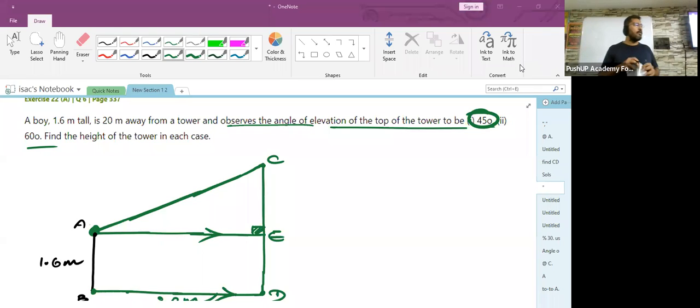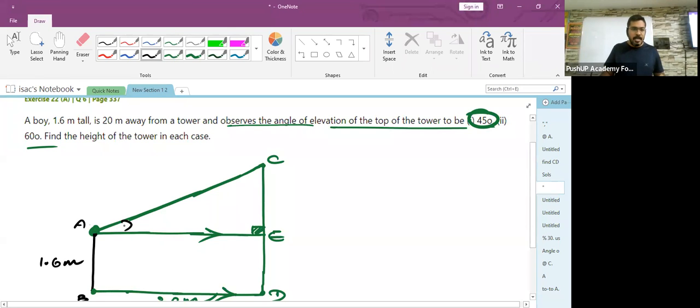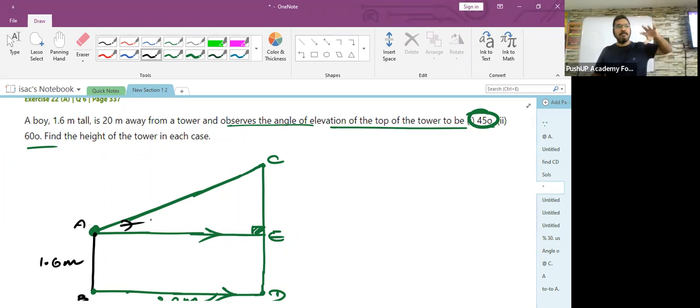Did you all follow whatever I said? From that point A, I have drawn an imaginary horizontal line so that I can show you the angle of elevation, isn't it? You all know, day before yesterday, I taught you the definition of angle of elevation and angle of depression. It is always the angle formed between the line of sight and the line of horizontal.